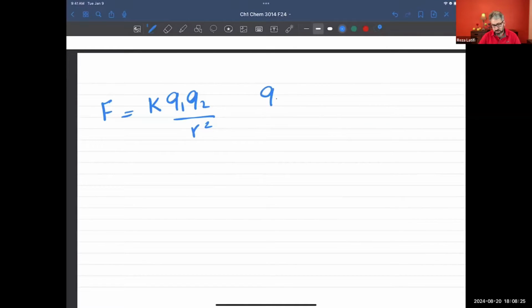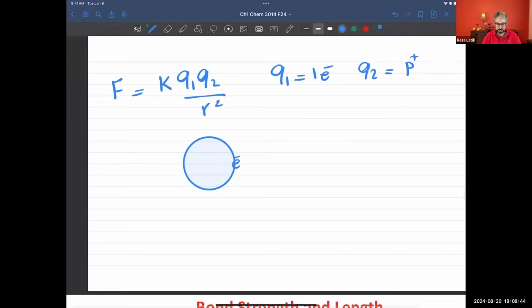Q1 you can say is the first electron, and what's Q2? You can say the proton on one nucleus. And R is going to be the distance between, technically, the electron from one element and the nucleus, where we have positive charges, or the source of the attraction force on the neighbor atom or neighbor molecule.